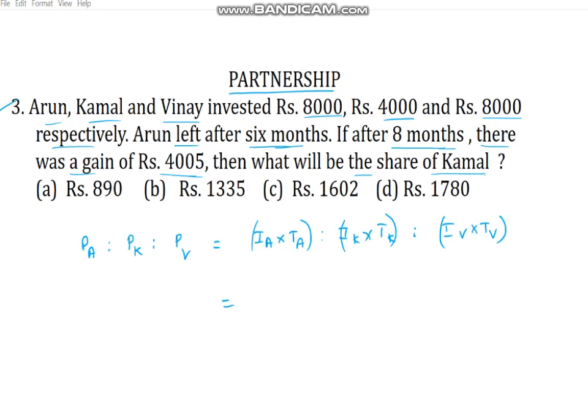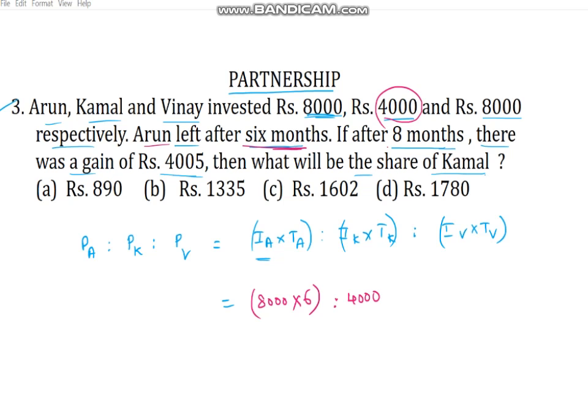So here investment of Arun is 8,000 into what is the time period? Only Arun left after 6 months. His money was invested only for 6 months. So 6 is to investment of Kamal, 4,000 rupees.